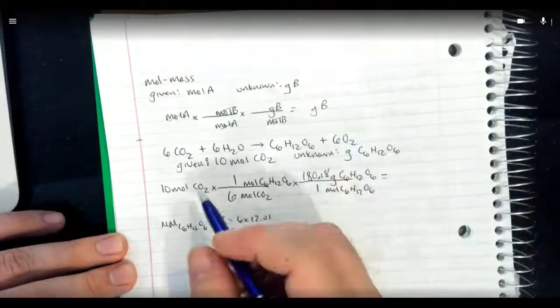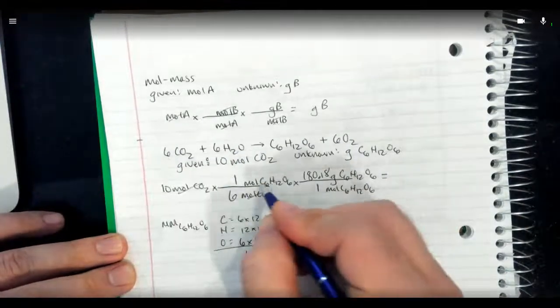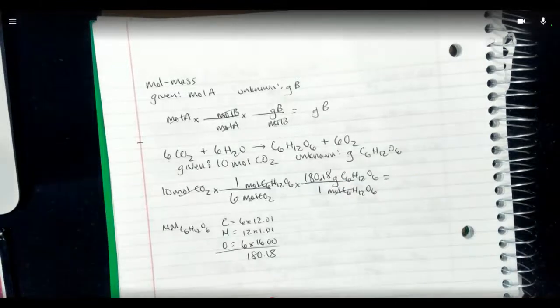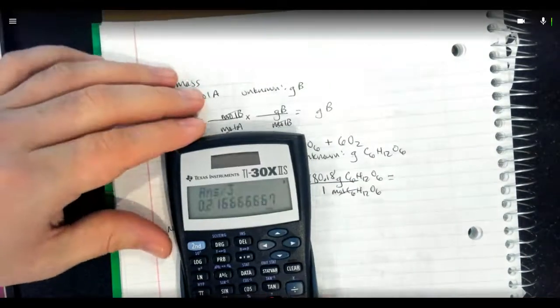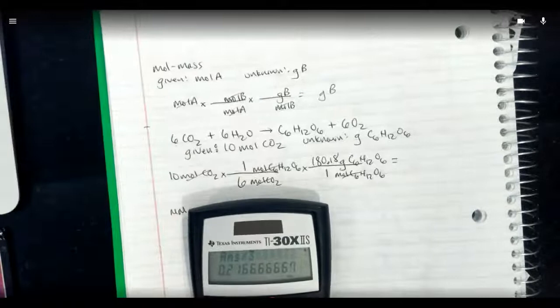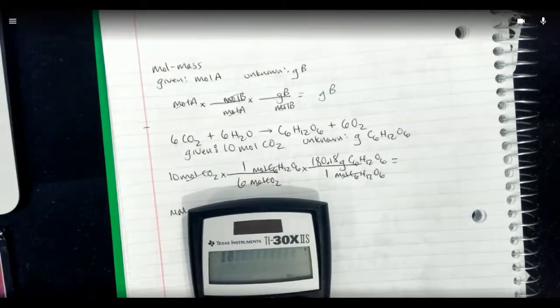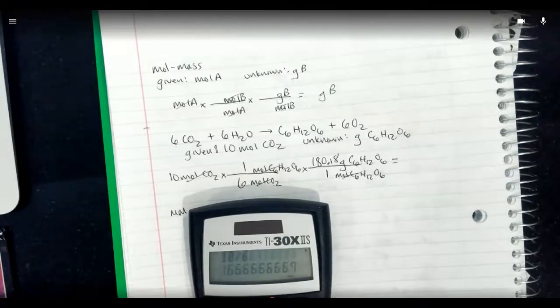Okay, so let's double check, make sure that our units cancel out. They do. Now we type it into the calculator. We've got 10 divided by 6 times 180.18.